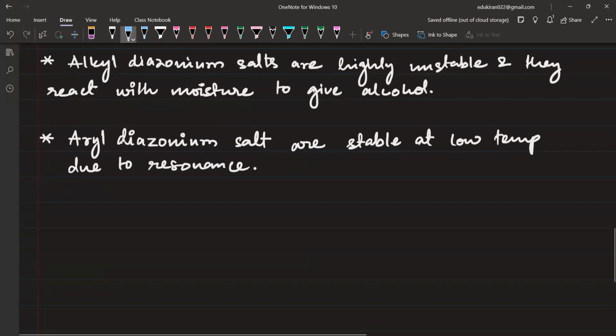Right, next, method of preparation. There is only one method of preparation, which is known as diazotization.